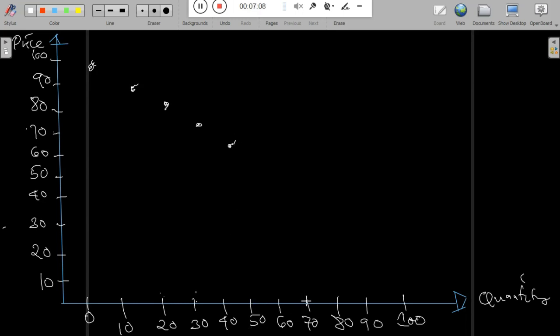As you can observe, this graph shows that as the price increases to 100, the quantity demanded decreases. As the price decreases from 100 to 90 to 80 to 70, the quantity demanded increases to 10, 20, 30, up to 100.